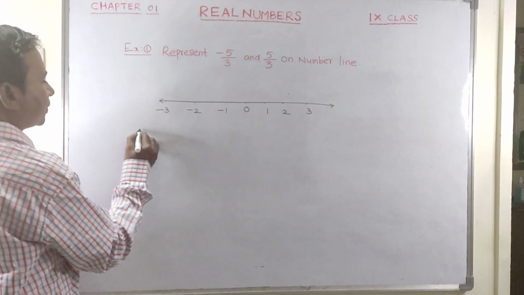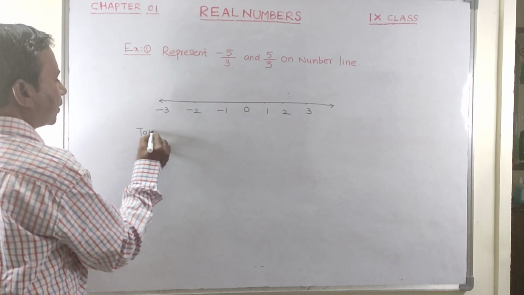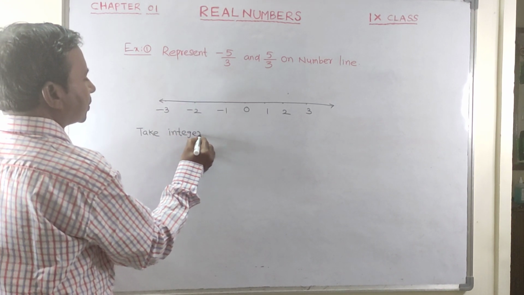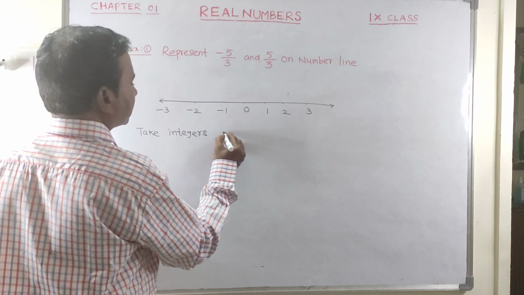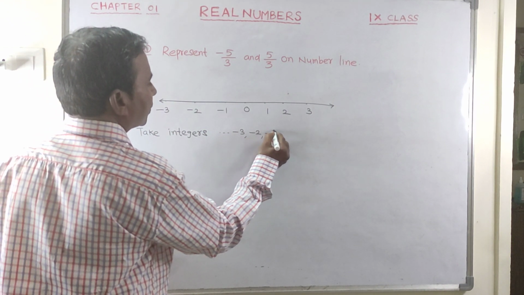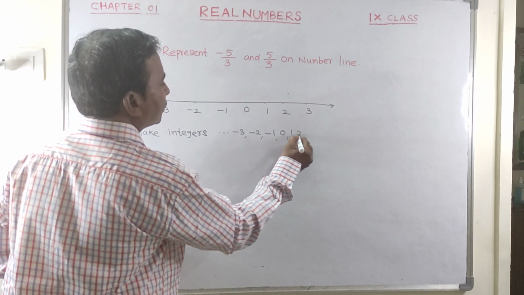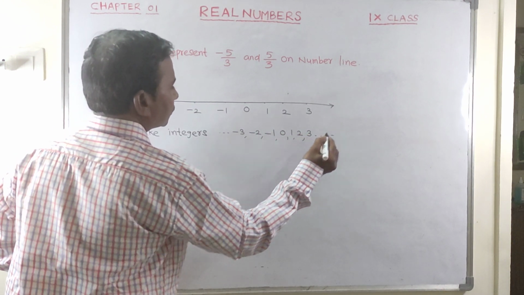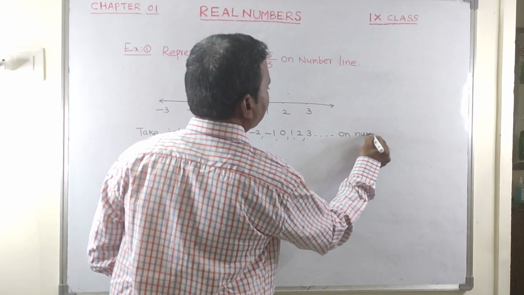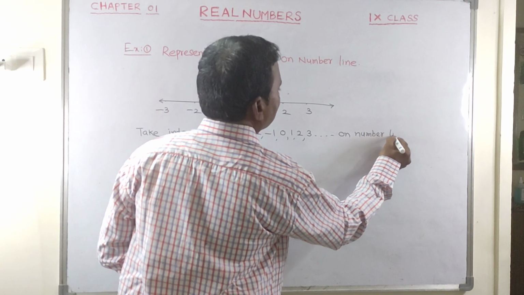So we have to take integers like minus 3, minus 2, minus 1, 0, 1, 2, 3, so on, where we have taken here on number line. So this is the process, first step.